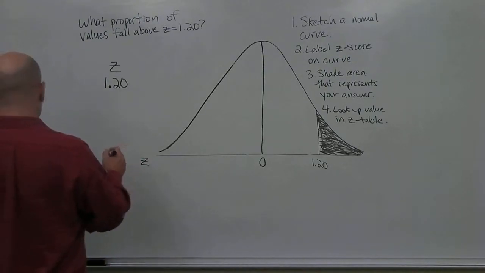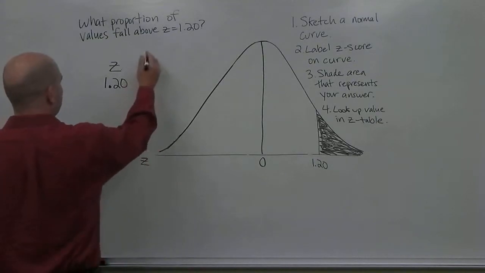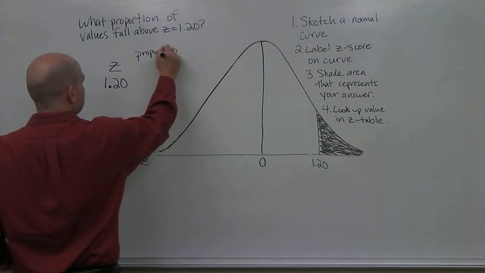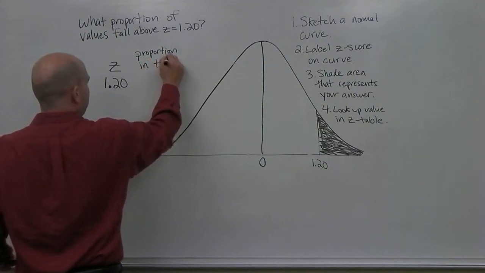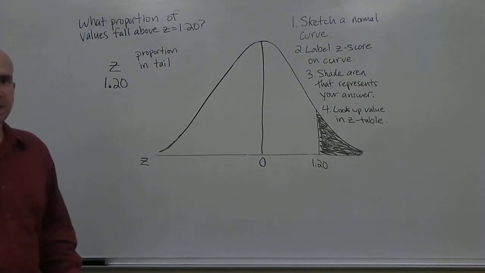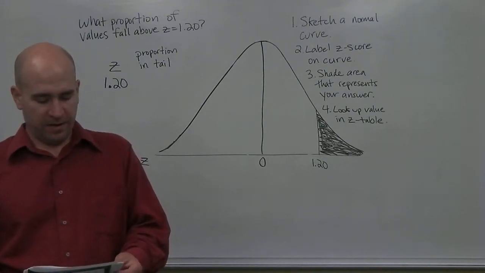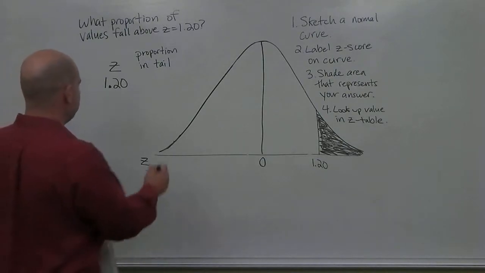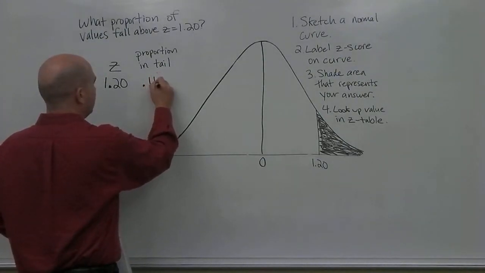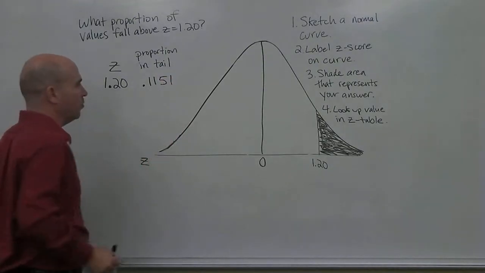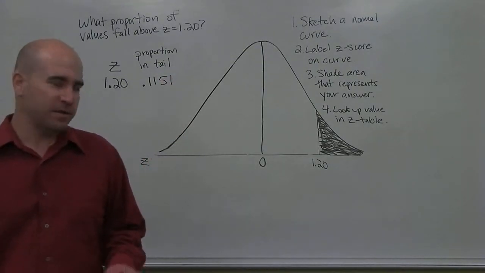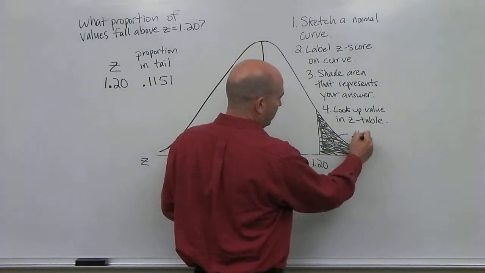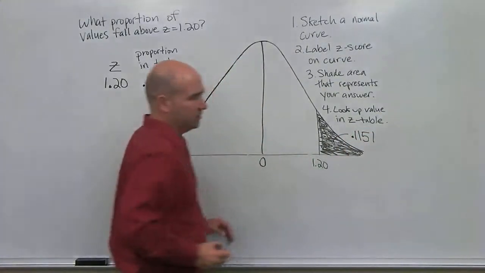So proportion in the tail for a z of 1.2. If you look in your z-table, you should find a z of 1.2 has a proportion in the tail of 0.1151. So this area here is equal to 0.1151.